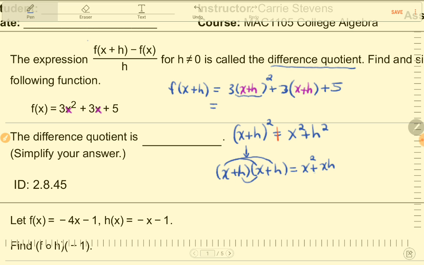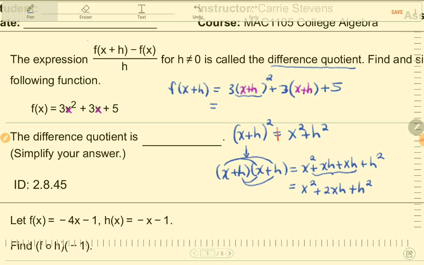H times x is xh. And h times h is h squared. And then we have two like terms, both with a coefficient of 1. And that always happens when you square a binomial. You get the middle term, you have a duplicate of the middle term. So this is the simplified version.